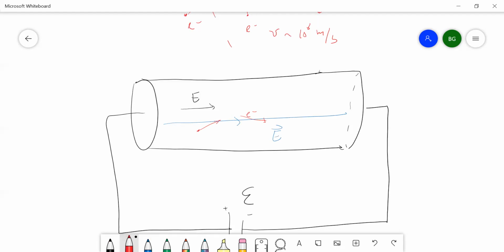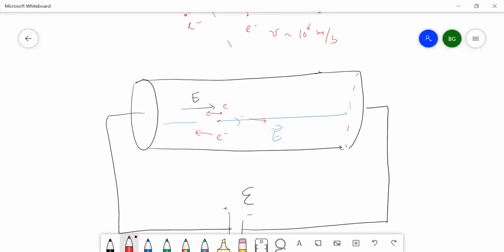Okay, the red one, this electron will move according to, sorry, it's the opposite. Sorry, I forgot. It will be the opposite. So the electron moves in the opposite of the electric field.